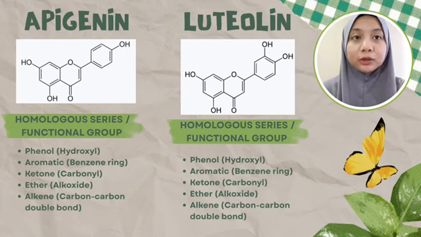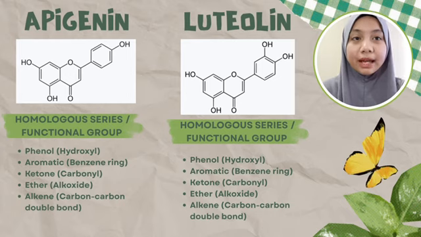Next, both compounds contain aromatic rings. The functional group is benzene rings, which place apigenin and luteolin in the aromatic homologous series. Both also have a ketone group, shown by the C=O bond in the structure. This belongs to the ketone homologous series and the functional group is carbonyl.